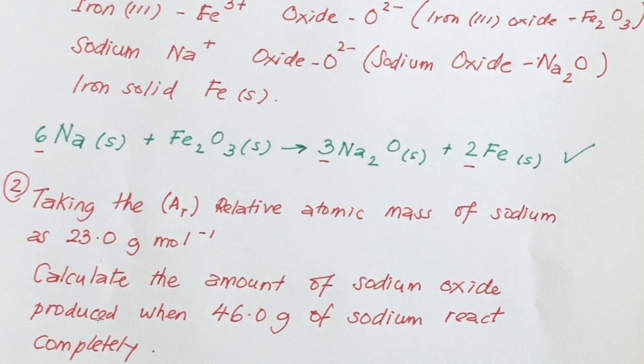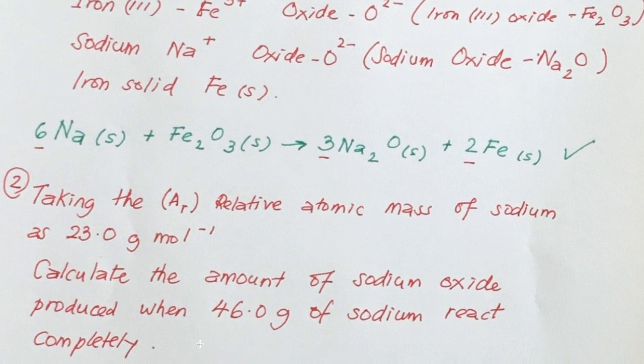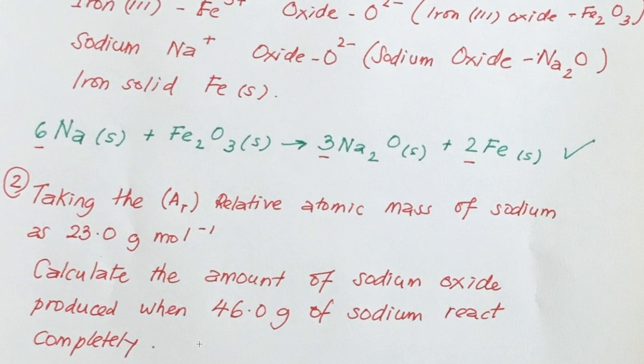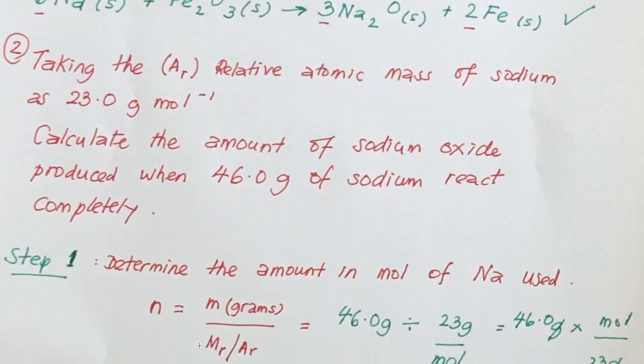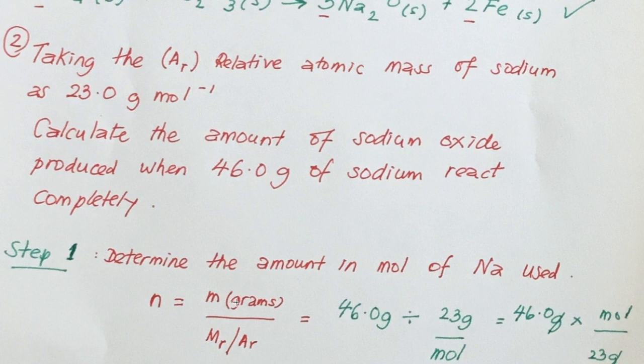Now 46 grams of sodium reacting completely, the thing you have to ask yourself is how many moles you have in that. And you'll have to use this formula here. n, the number of moles, equals the mass in grams, divided by the relative formula mass, or in this case, the relative atomic mass of sodium, which is 23 grams per mole.